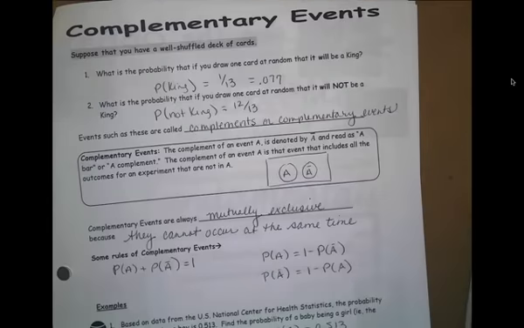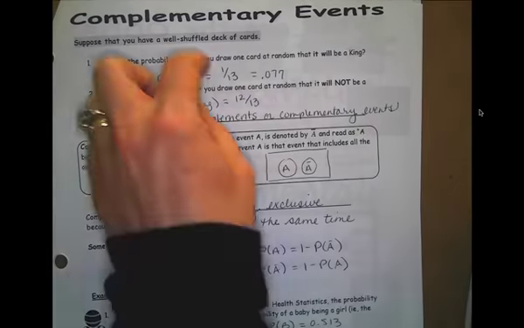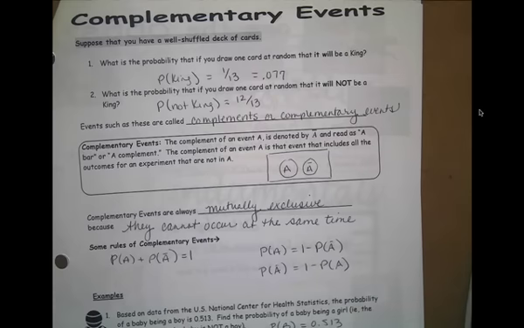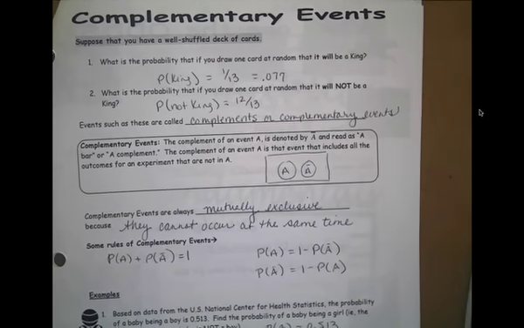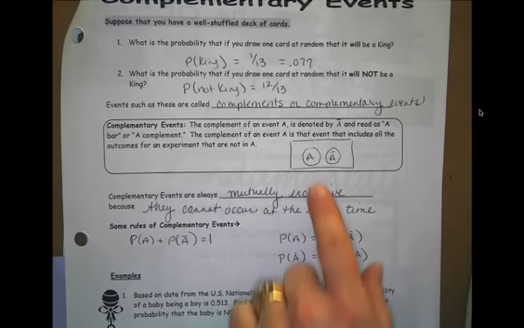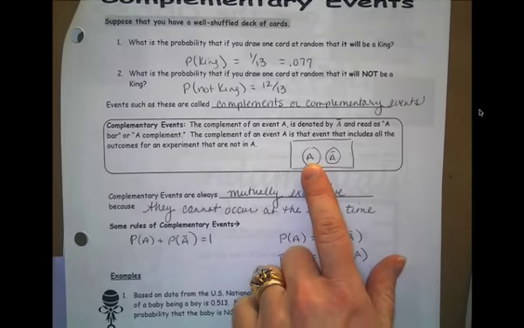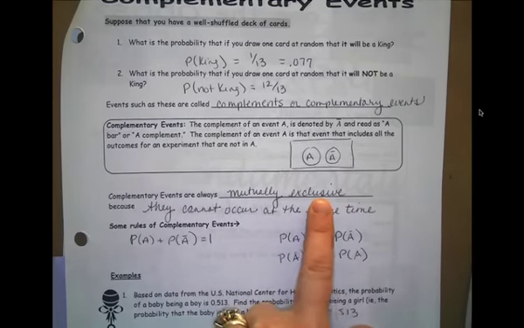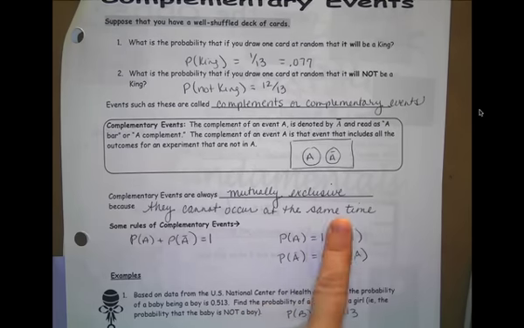All right, complementary events. You may not have gotten this example. This was just an example of complementary events. If you were to draw a Venn diagram, complementary events would have no overlap, and therefore they are always mutually exclusive. So they cannot occur at the same time.